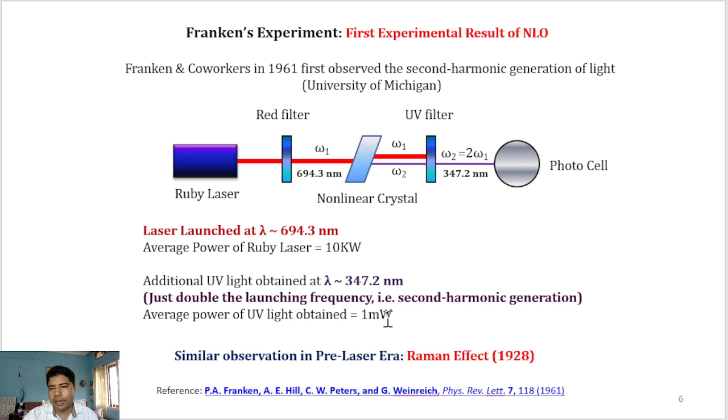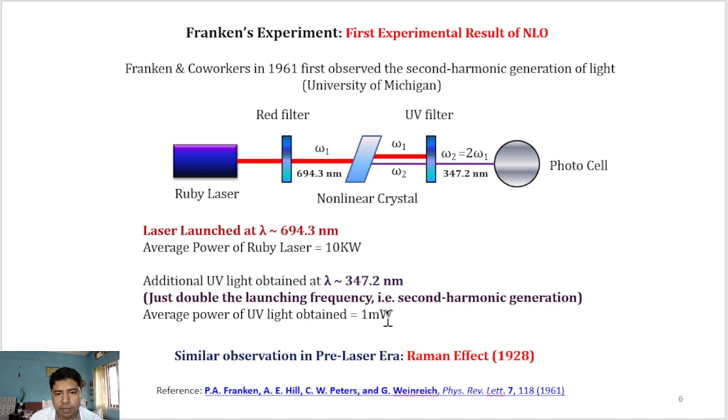You can see that we used a red laser, and in the output we are getting a blue light. From red light we are getting blue light. From 694 nanometer wavelength we are getting 347.2 nanometer wavelength.